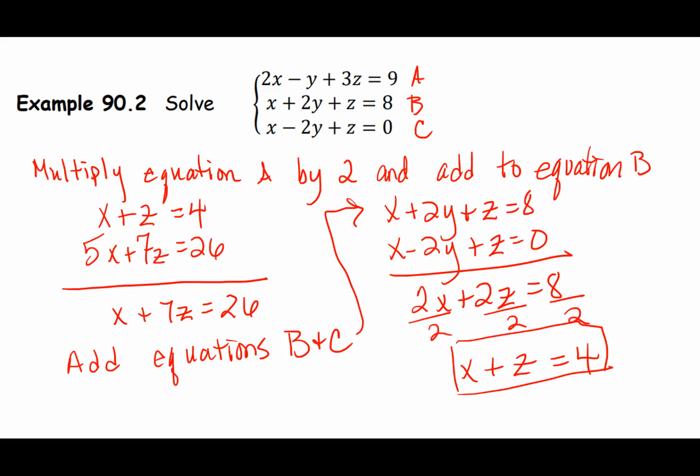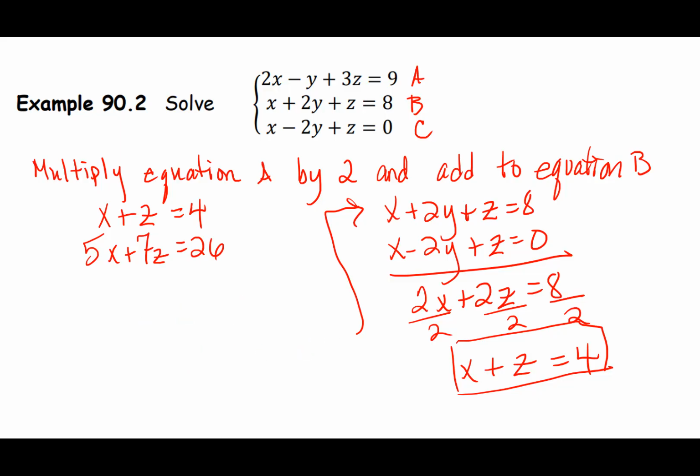And then I'm going to use elimination or substitution, it doesn't matter which one, to solve this system of equations now. I am down to 2 equations and 2 unknowns, which is what I was trying to do. So I'm going to multiply the first equation by -5. I just like elimination better, if possible, but you can do it either way.